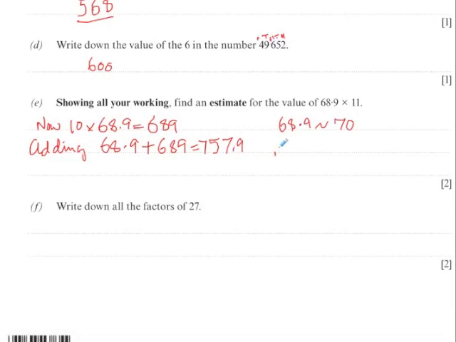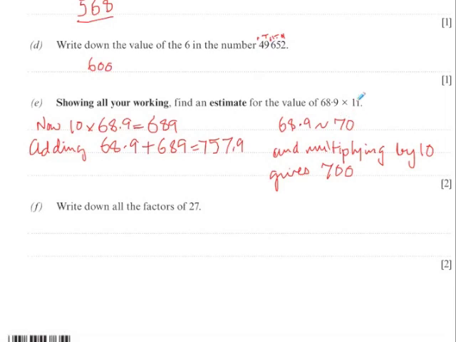And multiplying by 10 gives 700. So I think that's what they're saying, is giving an estimate.